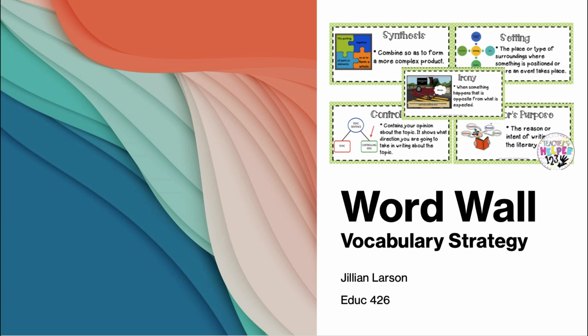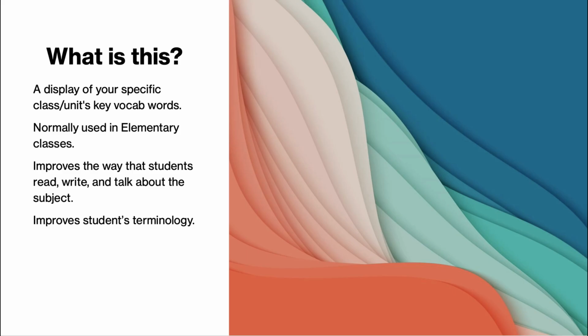So let's get started. All right, so what is this, and really, what is it trying to achieve? This specific strategy is a display of some specific vocab words that you're going to be going through in a set unit.